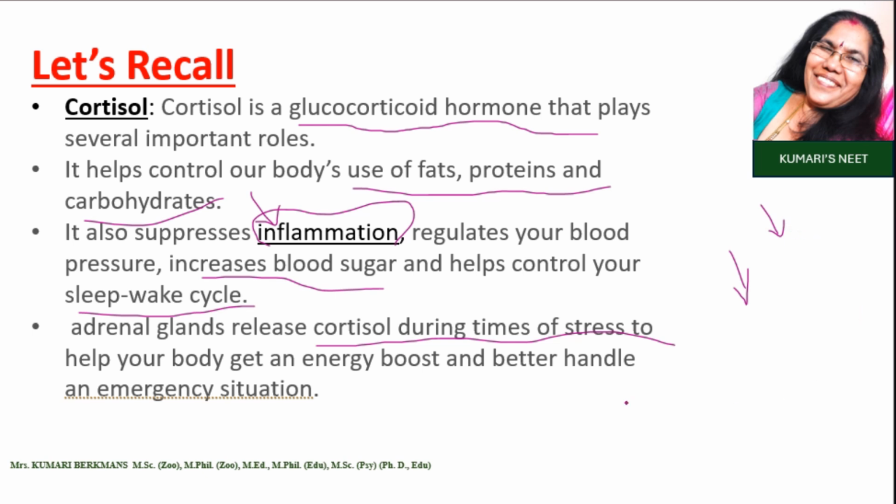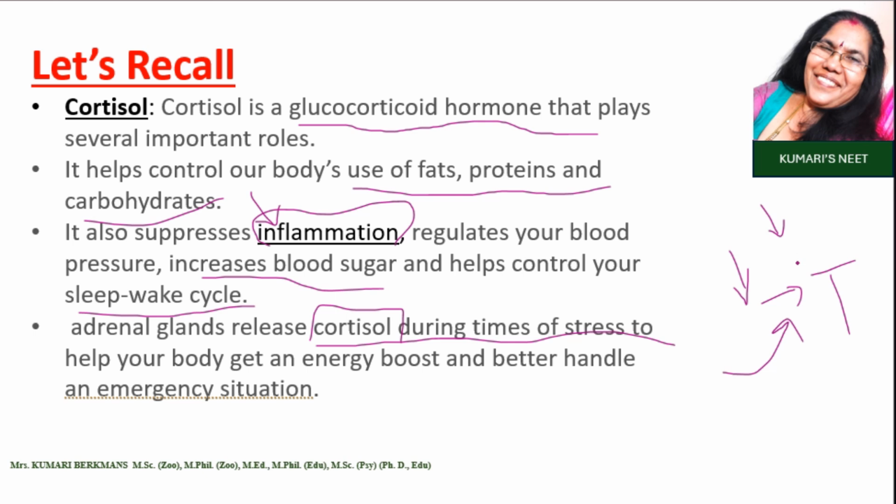At that time cortisol is secreted, and because of that you wake up early in the morning. If you have not finished your preparation for the examination, you get up early in the morning and sit down to prepare. All that is done by whom? This cortisol. Because our brain knows you are under stress and you have to complete the portion.